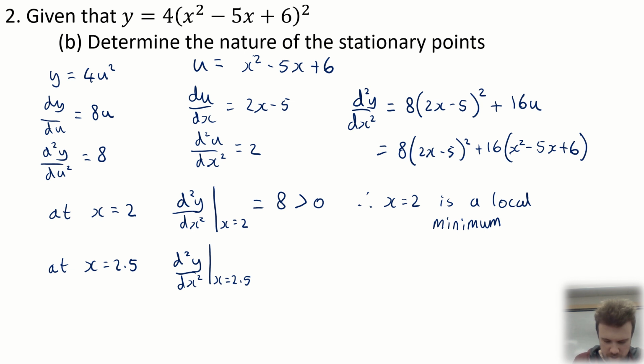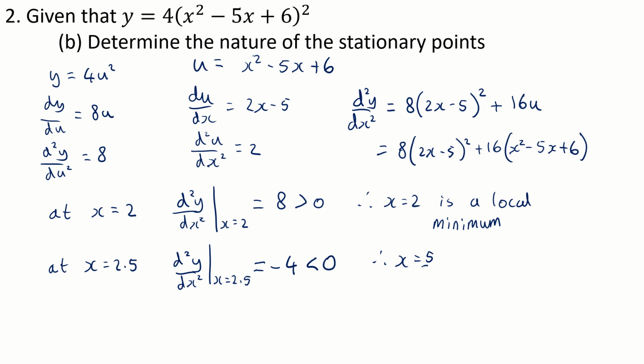It hurt my brain. So let's type it in. Proof that I'm doing it live because I'm actually manually typing it in as we speak. So you get that, and then we times it by 16. -4. And oh my goodness, -4 is less than 0. Therefore, x equals 5 over 2 is a local maximum.